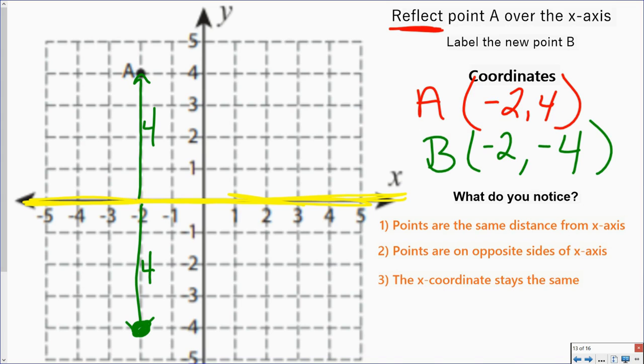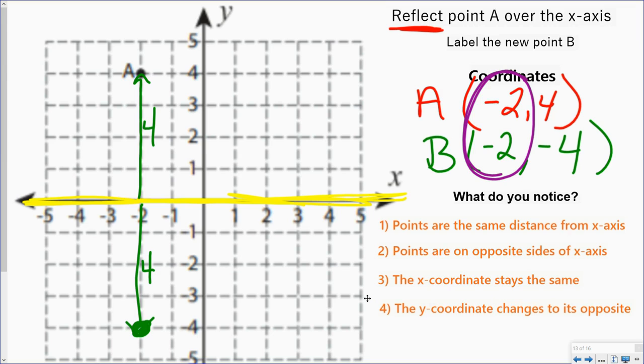So I look up here at my coordinates, my x stayed at -2 because remember I said I do not go right or left any, I just go up and down. And the last thing that I notice is that the y coordinate changes to its opposite. So again, if I look up here, I have a 4 and -4, and those two numbers are opposites.